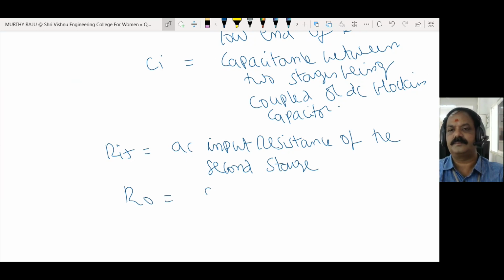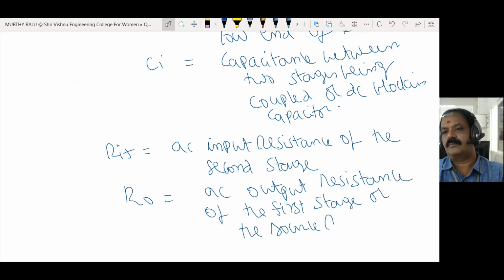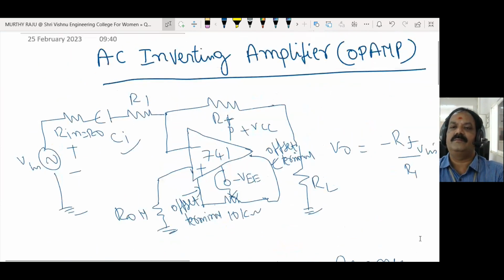R0 is the AC output resistance of the first stage, or the source resistance.